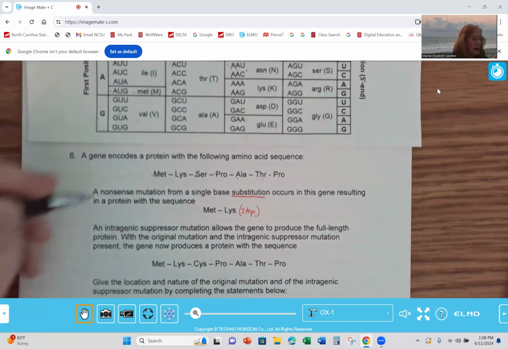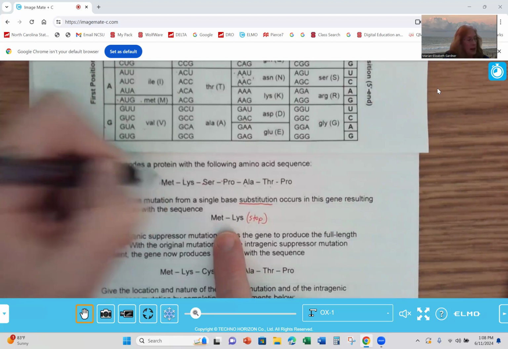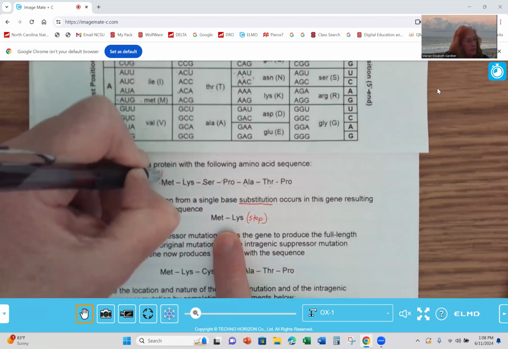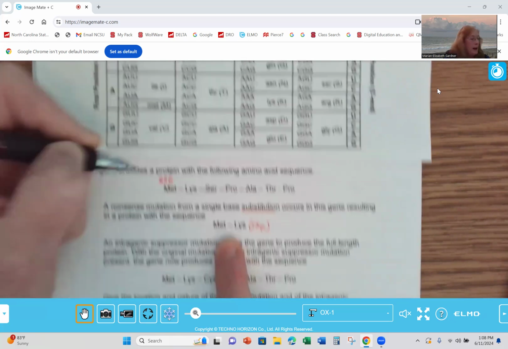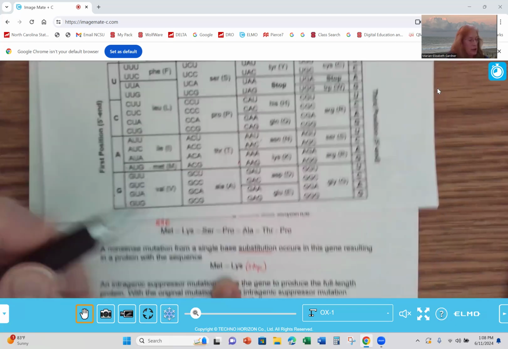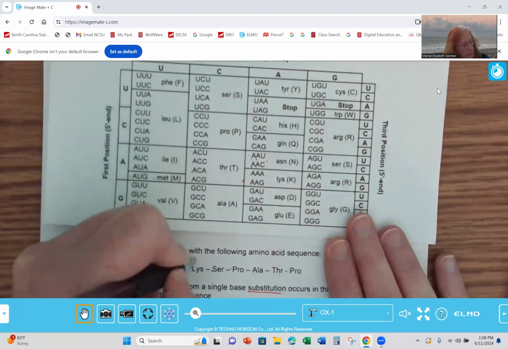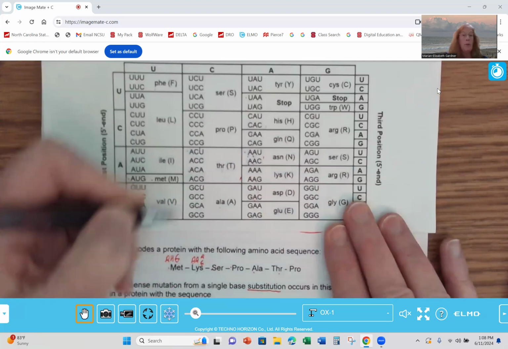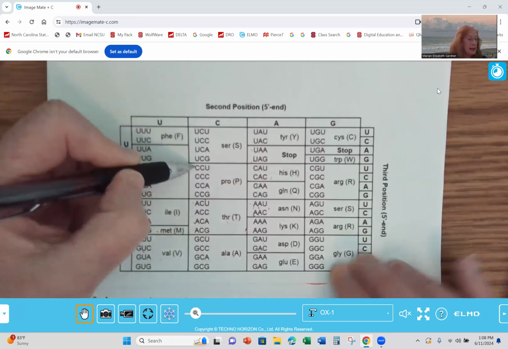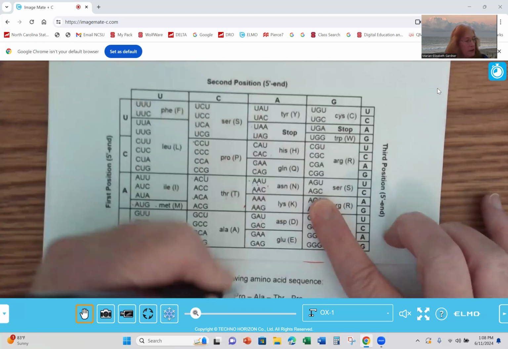So let's see how that could happen. So if we start off methionine, AUG, lysine, the AA, either A or G. Now, serine, there are a whole bunch of them because there's UC anything, and there's also AG, either U or C. So that's one you have to be careful of.